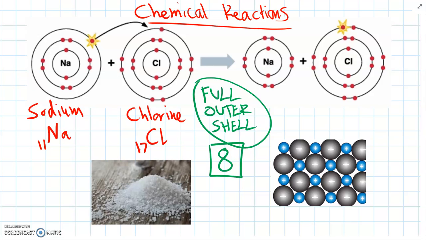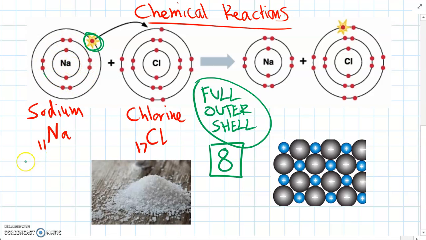So sodium only has 1 electron in its outer shell. And chlorine, on the other hand, has 7 electrons in its outer shell. For sodium, it's much easier to just give away its 1 electron, and then suddenly the next shell becomes its outer shell, and it has 8 electrons.